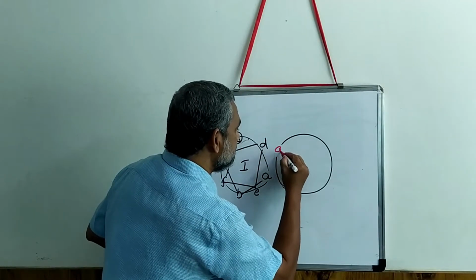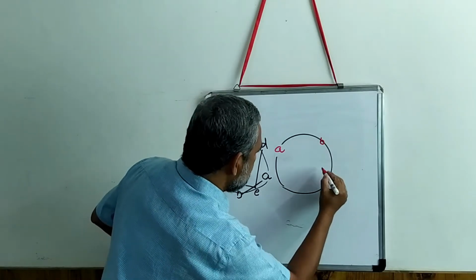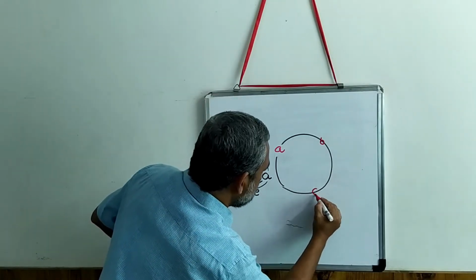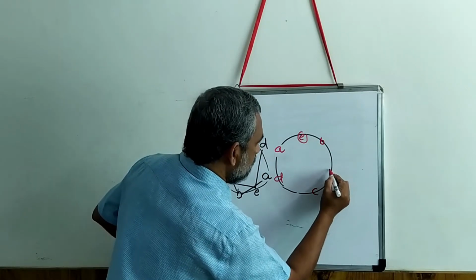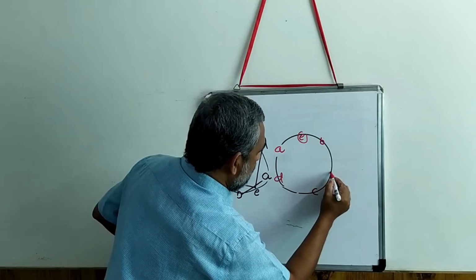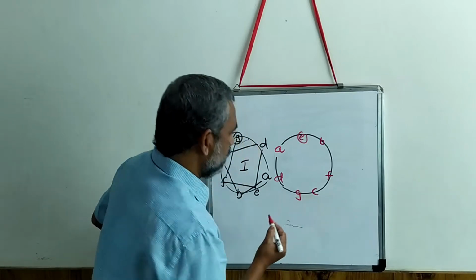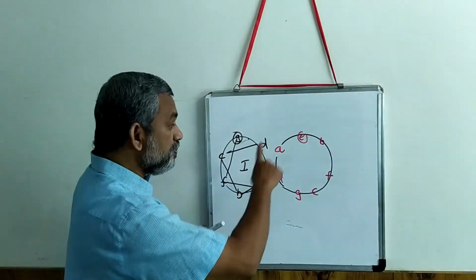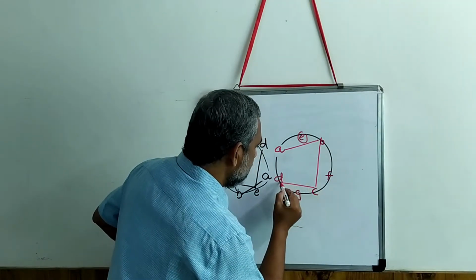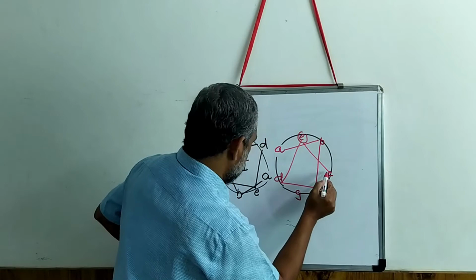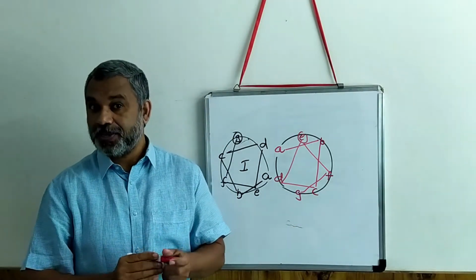Let us assume here is A, here is B, here is C, here is D, E, F, G. So we have arranged the 7 residues, A to B to C to D, E, F and G.